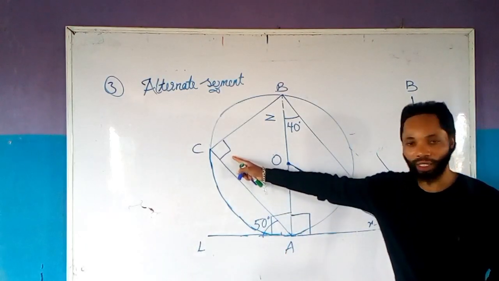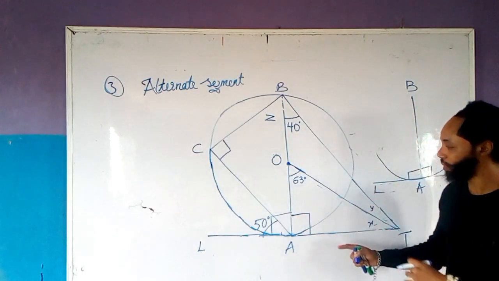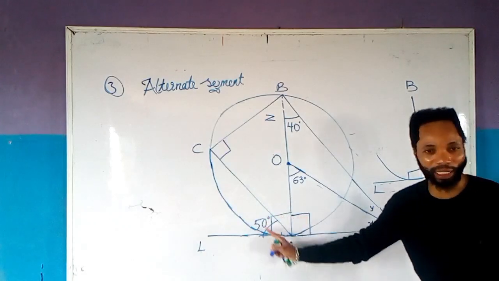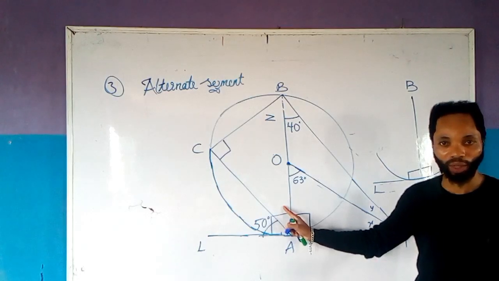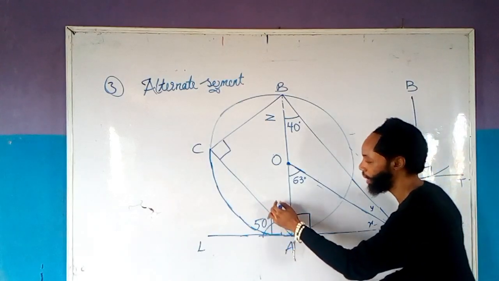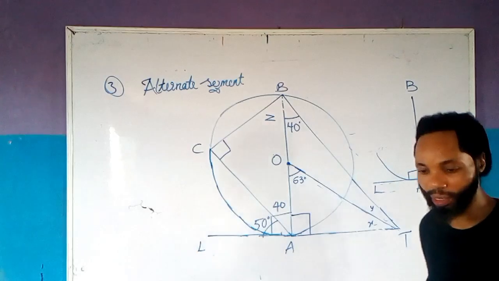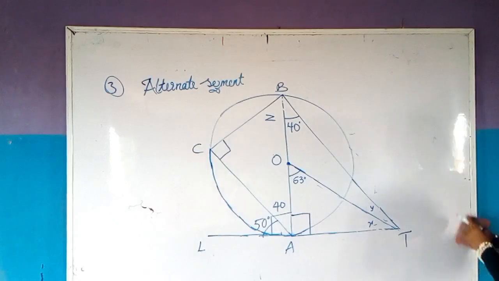Or we could use this law to get down here. Now, we have a 50 degree here. If this place is 90 degrees, what are we going to get here? We're going to get 90 minus 50, which is 40. Now let's name our angles.